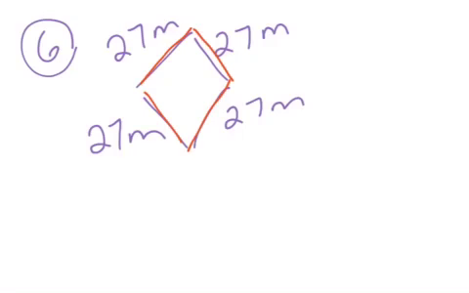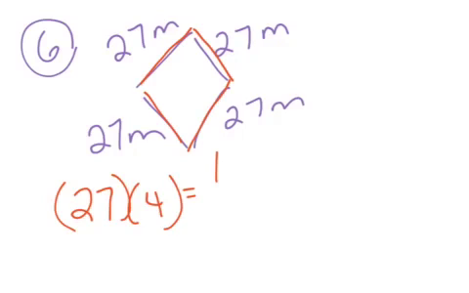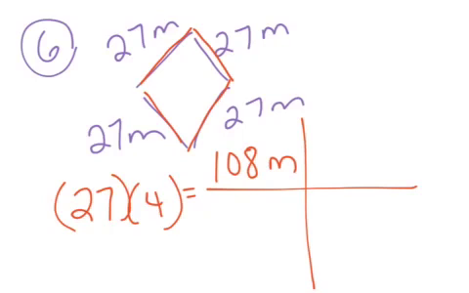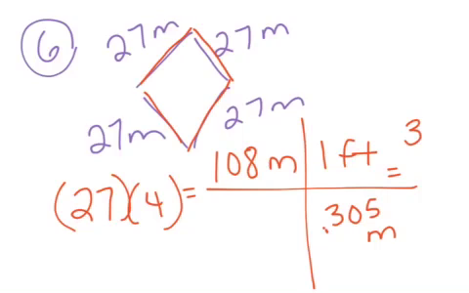So, of course, 27 times 4 equals 108 meters. My conversion is 1 foot is 0.305 meters. When I work that out, I get 354 feet.